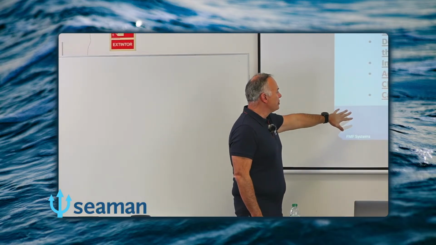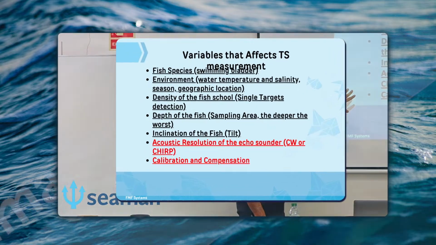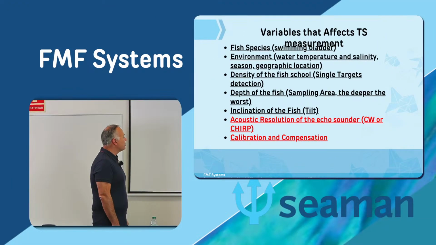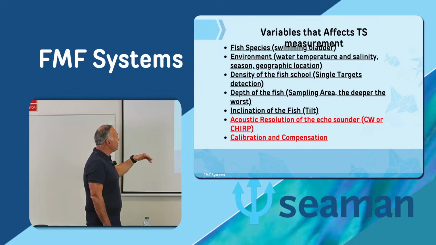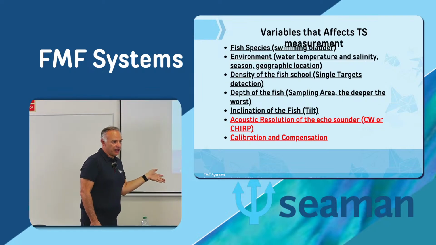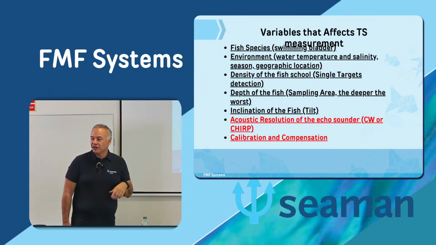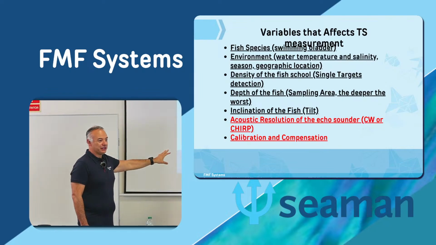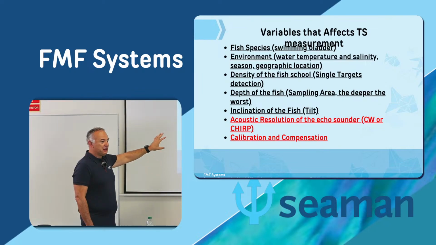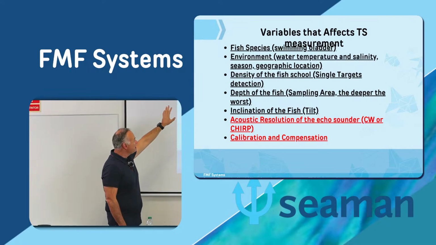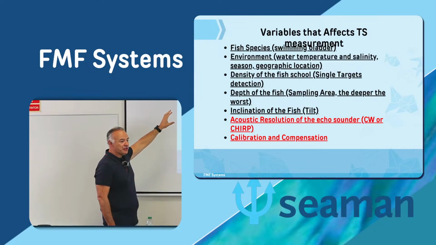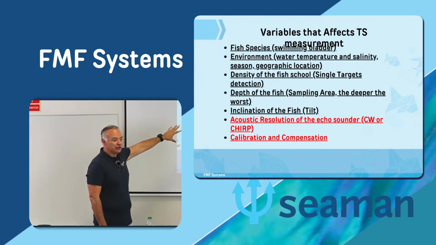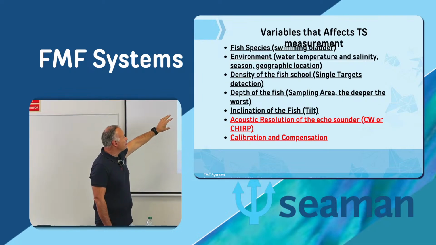These two variables, colored in red, are the acoustic resolution of the echosounder and calibration and compensation, because from all this list, these variables are the only ones that we can control. The others we cannot control, they are given to us. See how this is very difficult, because there are a lot of variables that we cannot control to get a good result.